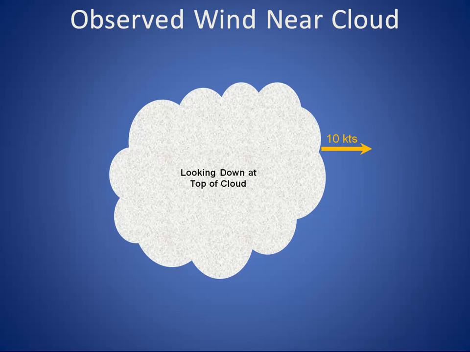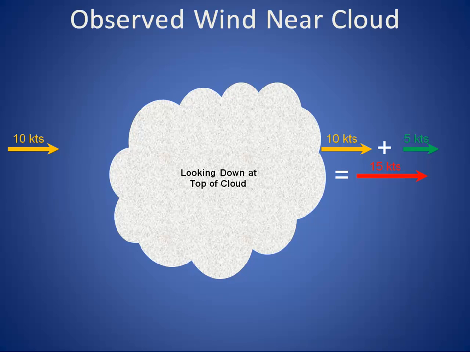Now, in this location, the yellow area depicts the 10-knot gradient wind, and there was also a 5-knot wind coming from the downdraft cloud depicted by the green arrow. Now, you can see both winds are traveling in the same direction, so they add up to equal the observed wind, which in this area is 15 knots.